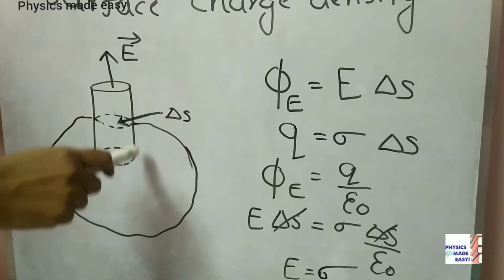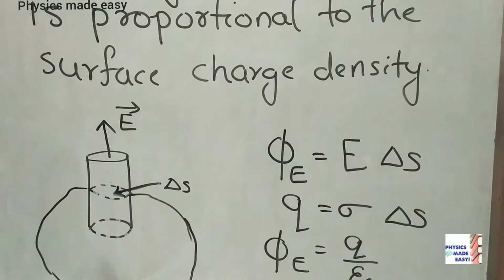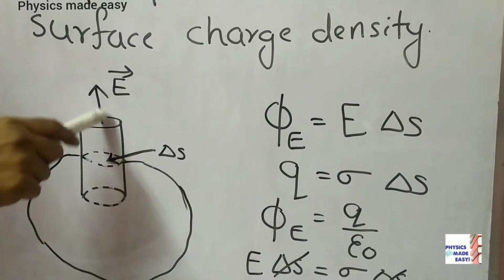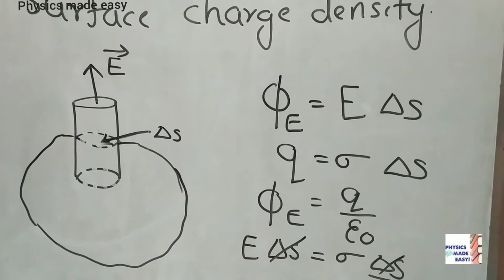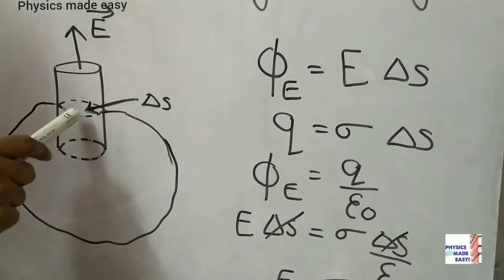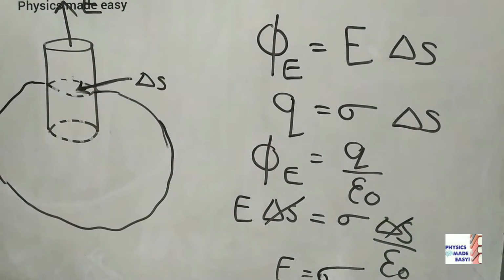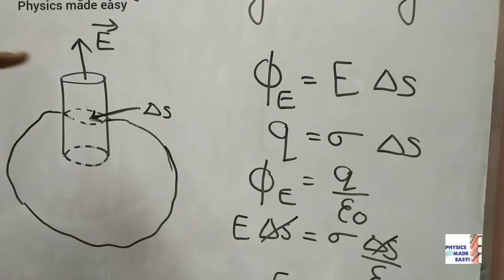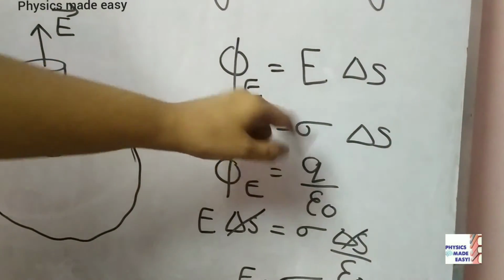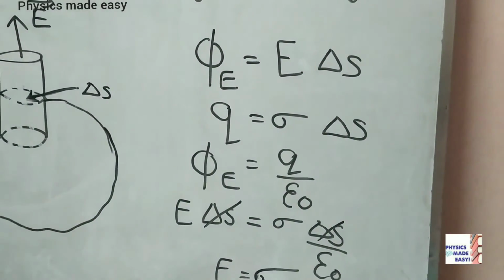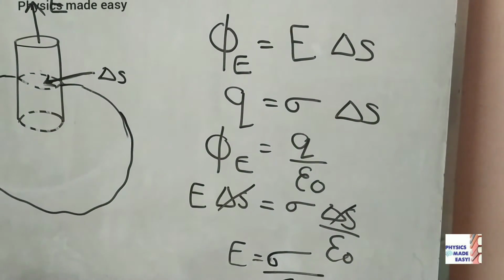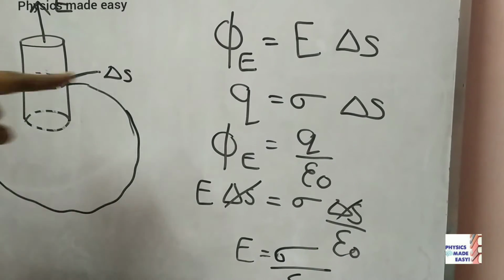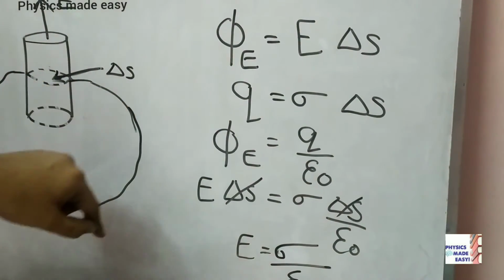This cylinder lies partly inside and partly outside the conductor. It has a cross-sectional area delta S and negligible height. The electric flux phi is equal to E delta S, where E is the electric field. Then we can write the charge in terms of the surface charge density sigma, so Q is equal to sigma delta S.